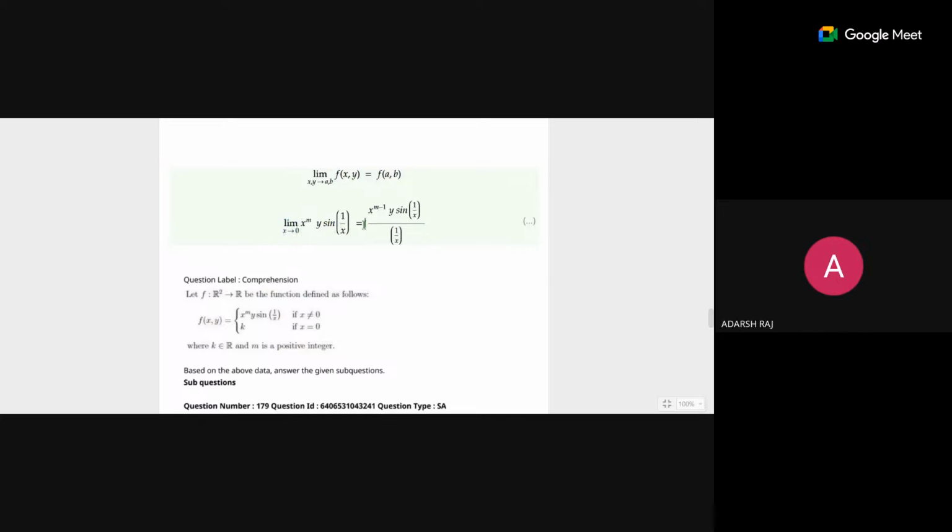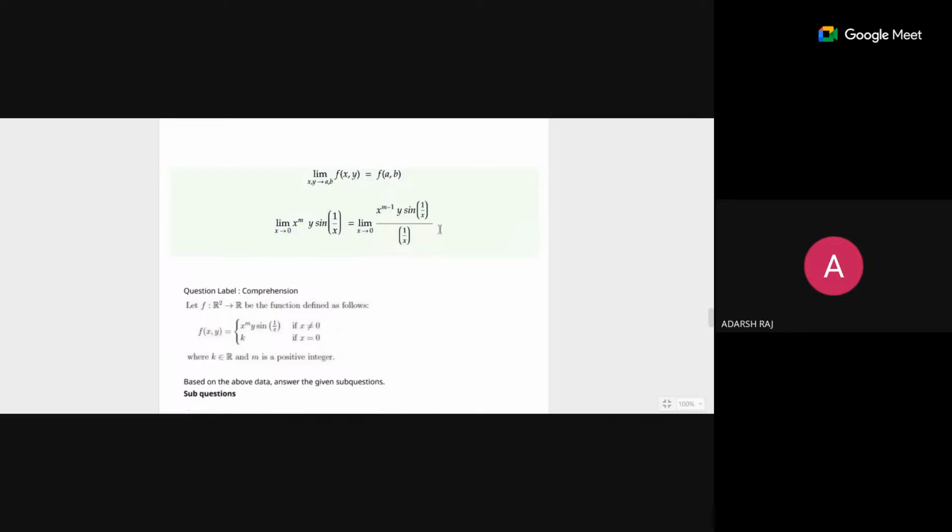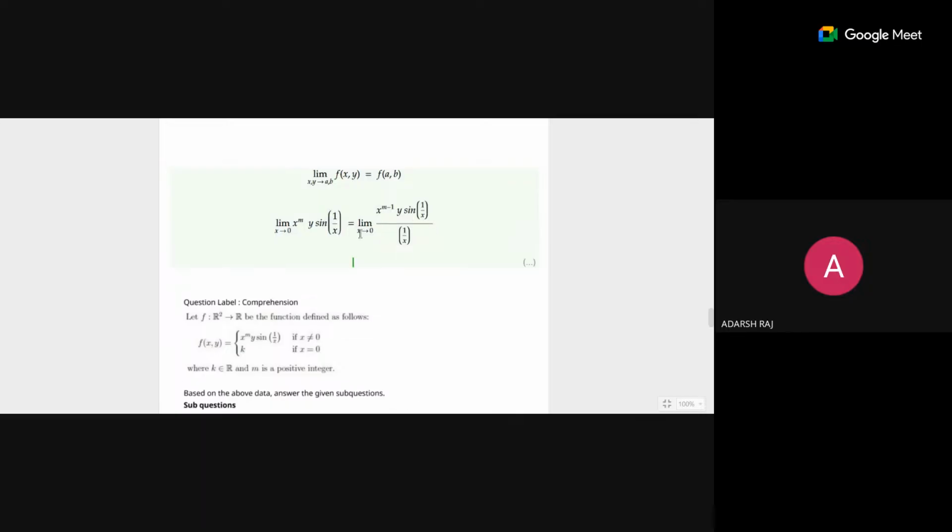Now put the limit. So tell me, if x tends to 0, what will this value 1 by x be? If sine of 1 by x upon 1 by x tends to 1, that is when the limit is taken as x tends to 0.